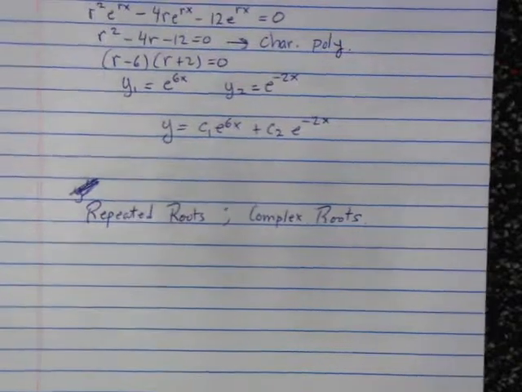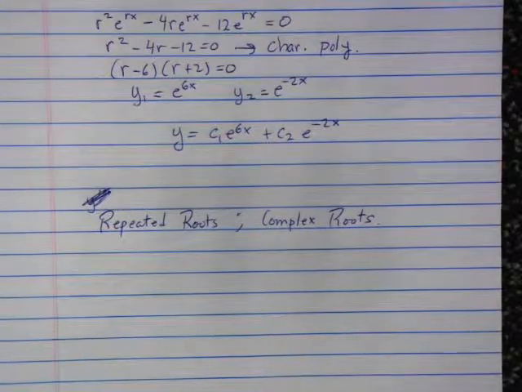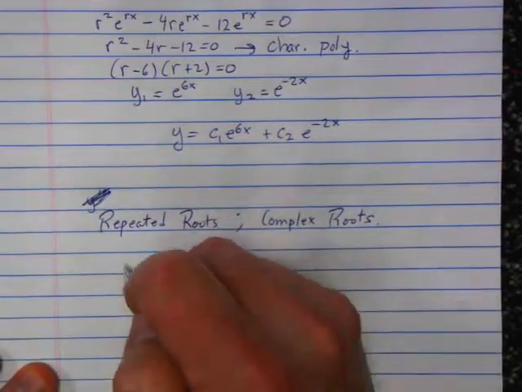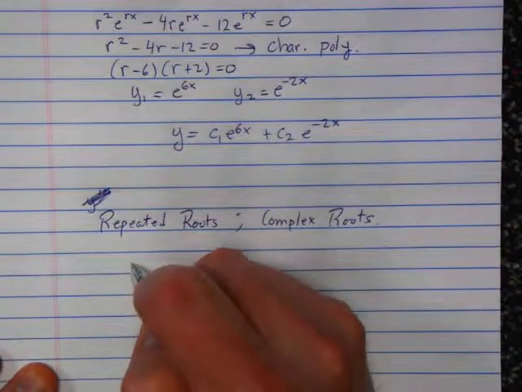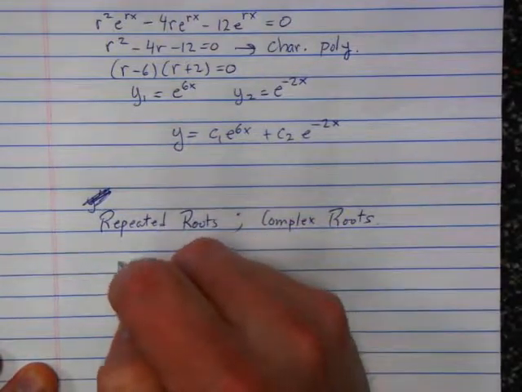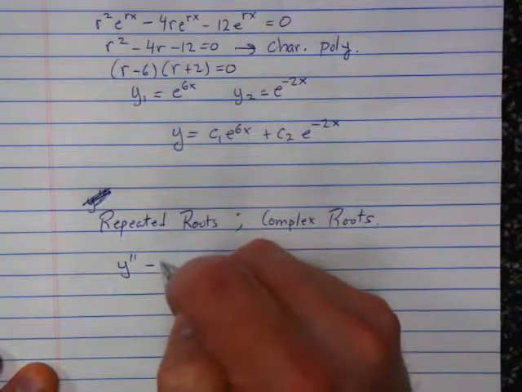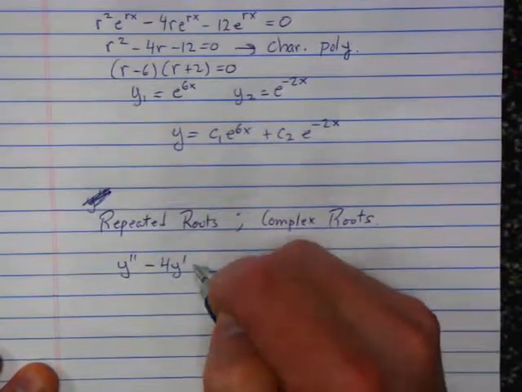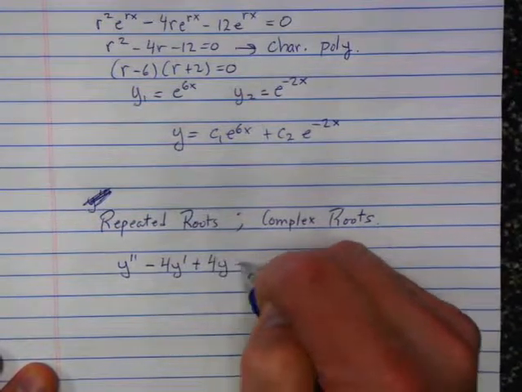All right, we talked about repeated roots the other day. So sometimes you might end up with an equation like this. Let's say you had y double prime minus 4y prime plus 4y equals 0.